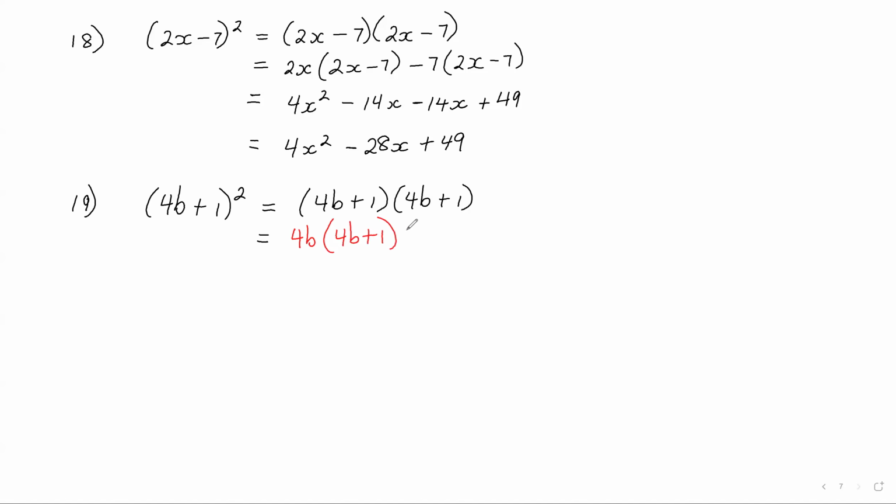And then you multiply this plus 1 by the second pair of brackets. So each term in the first pair of brackets by the second pair of brackets. So you take 4b times the second pair of brackets, 4b plus 1. And then you take plus 1 and you multiply by 4b plus 1 again. Yeah? So then what would this be?